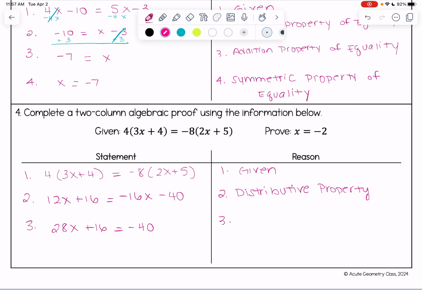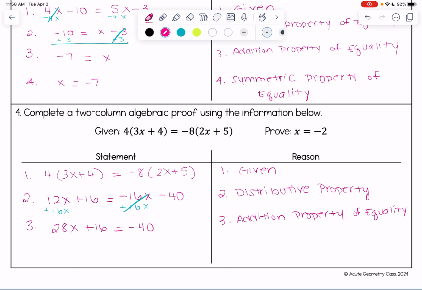So what I did there, I'm just going to go to the blue ink for a second, is I basically added 16x to both sides. Since I added, keyword there, that is the addition property of equality. Let's say you chose to subtract the 12x to the other side, you would be using the subtraction property of equality. So we can prove the same result through slightly different means.